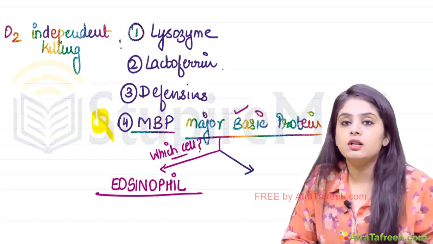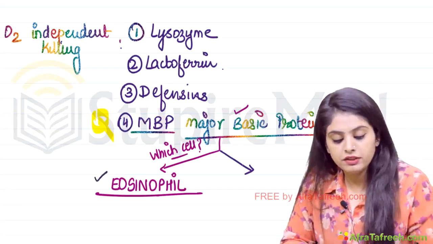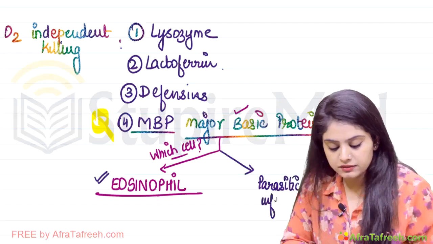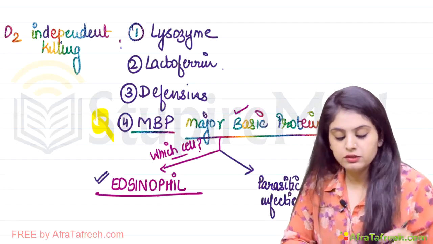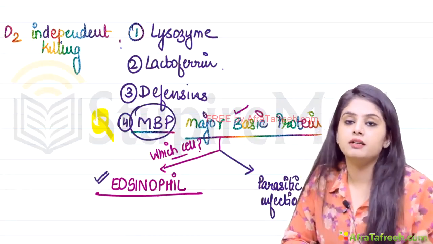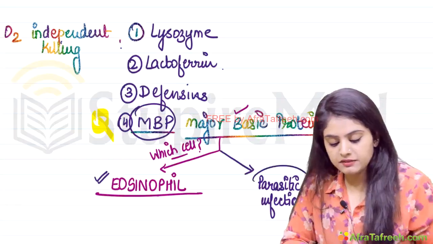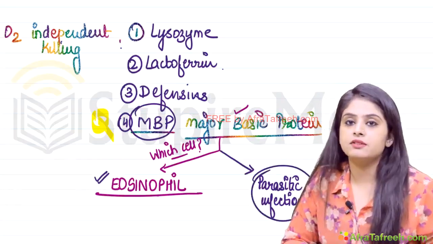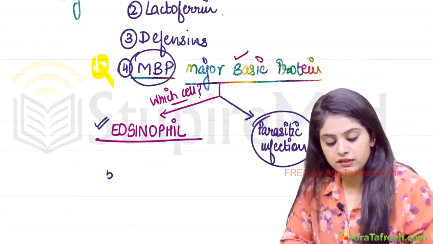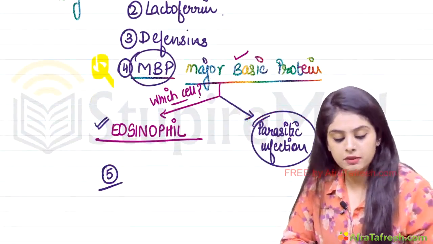If you can recall, we just studied that eosinophils help us fight parasitic infections. So the eosinophil releases this MBP, which is an oxygen independent pathway, and that helps us fight against parasitic infections.